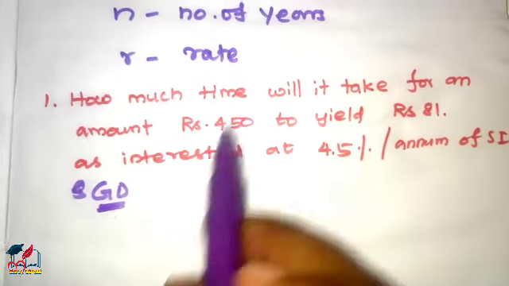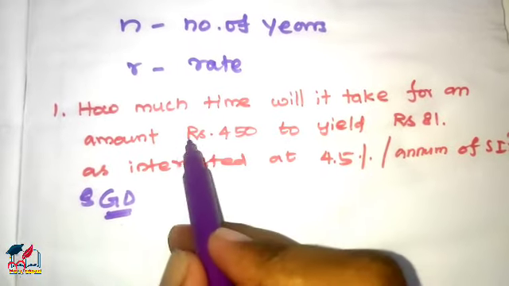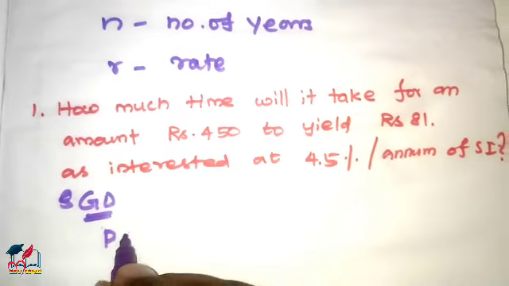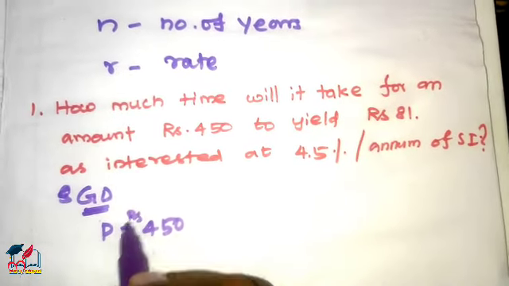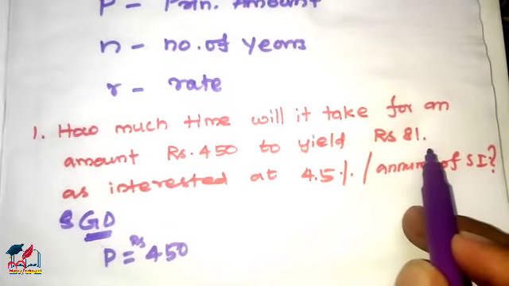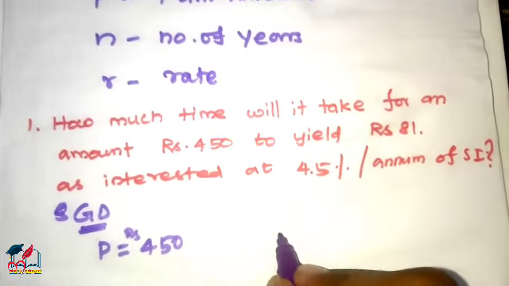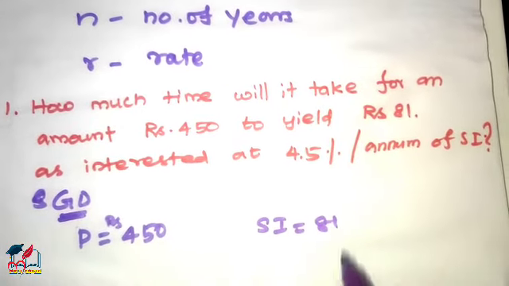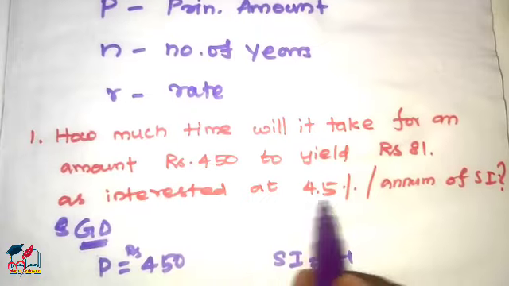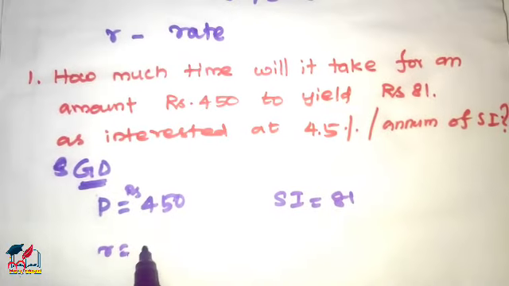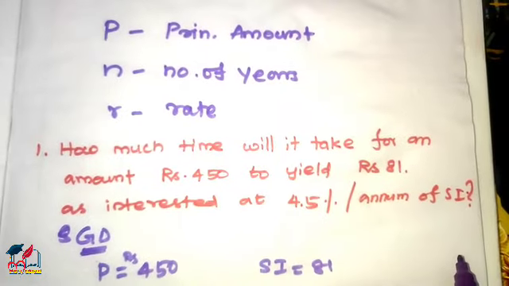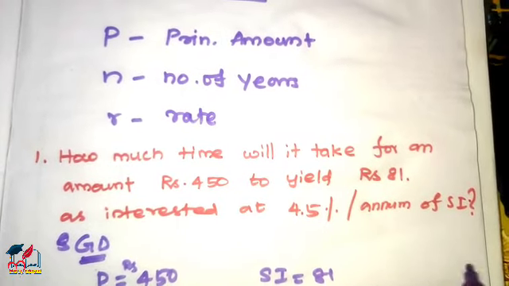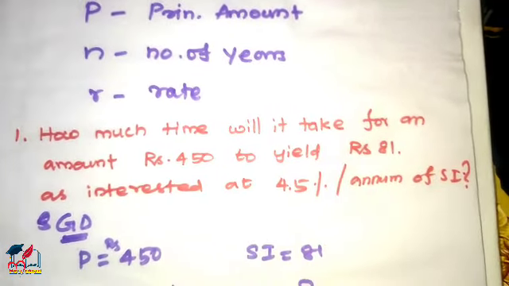The principal amount is equal to rupees 450 to yield rupees 81. Simple interest is equal to 81, at rate is equal to 4.5% per annum. Asked N is equal to what?